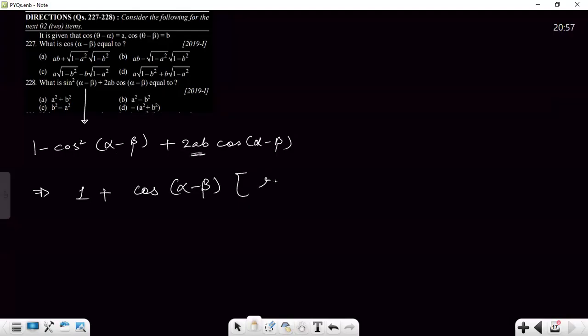So 2ab is left here, and minus cosine of alpha minus beta. Now we need to substitute cosine of alpha minus beta. This is the only option that we have. Let's do it.